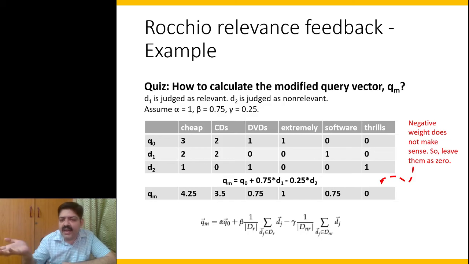But since we can't have a negative term frequency occurring in a query, we simply make it 0. So that's all we have here, and now I have a reformulated query, and if I issue this query, I'm more likely to match the relevant documents, or I'm closer to the relevant documents and farther from the non-relevant documents. So this was the idea behind Rocchio relevance feedback.